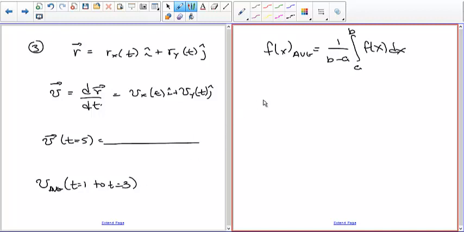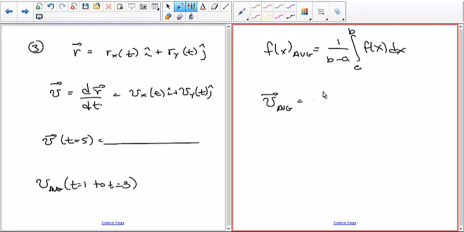So if I asked you to calculate the average velocity, this is going to have both x and y components. This will be the average velocity vector.